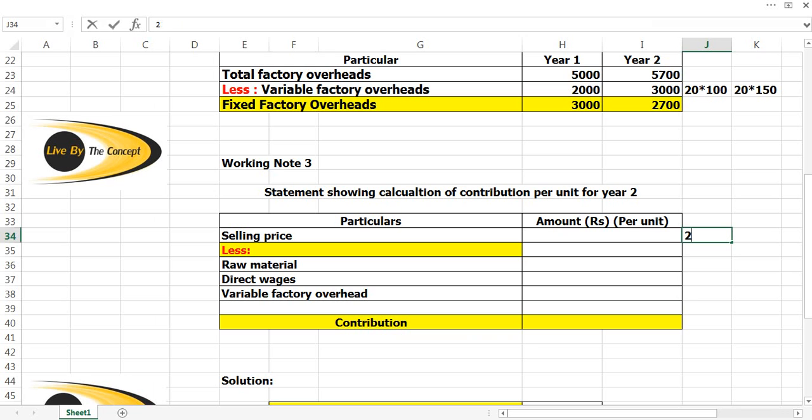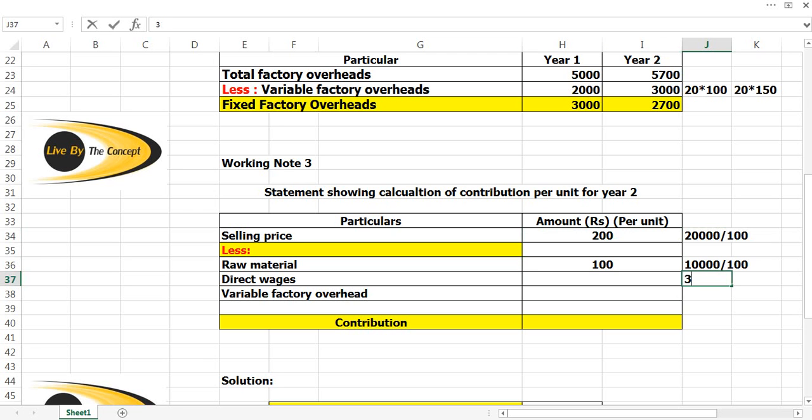In year 1, the total sales I was having was 20,000, and we have sold 100 kgs, so 200 per kg is the selling price, whereas the total raw material cost was 10,000 divided by 100 kgs, so that is how you are having 100 per unit, that is the raw material.